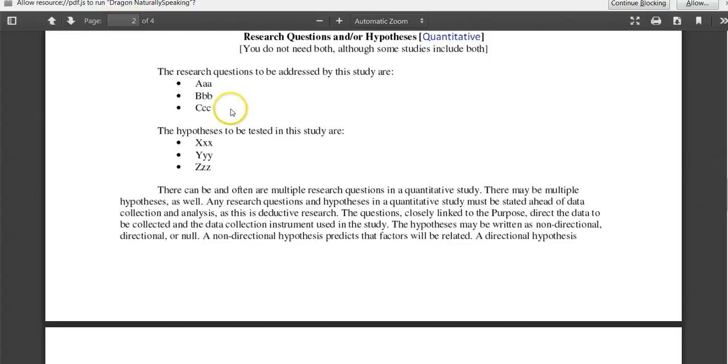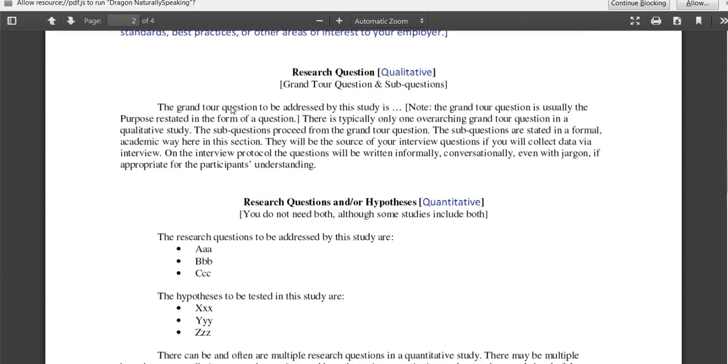If we are talking about questions, sub-questions here in qualitative research, we will not use yes/no questions. We're going to say what or how or in what way.